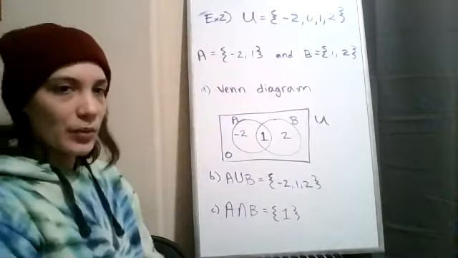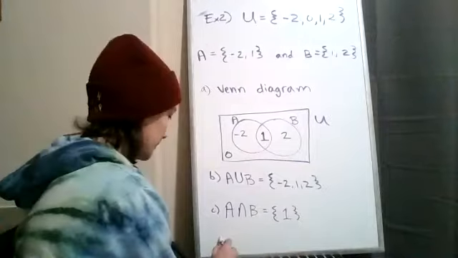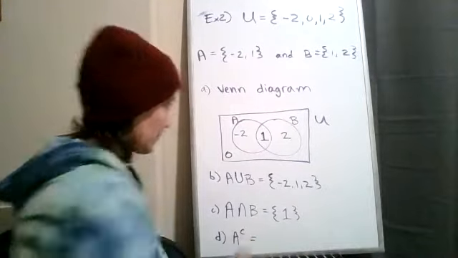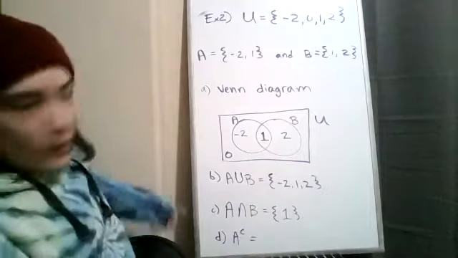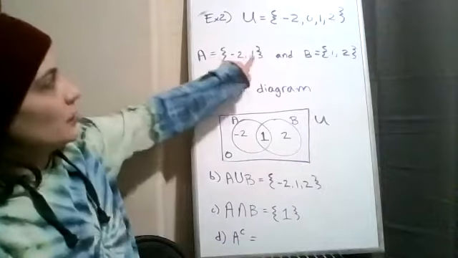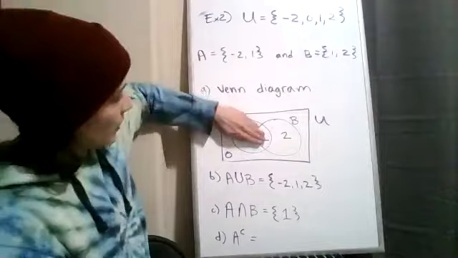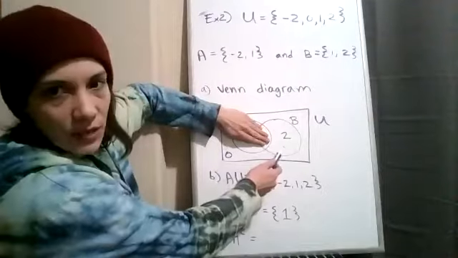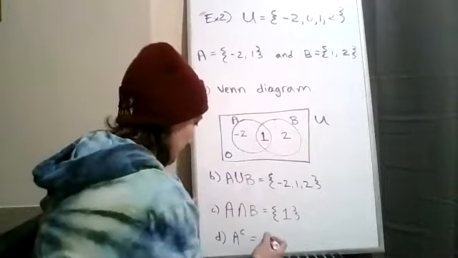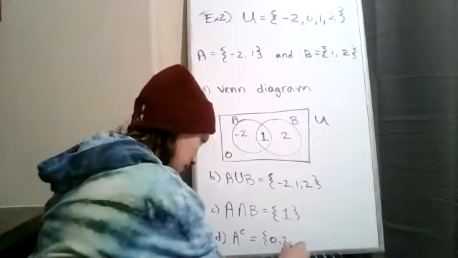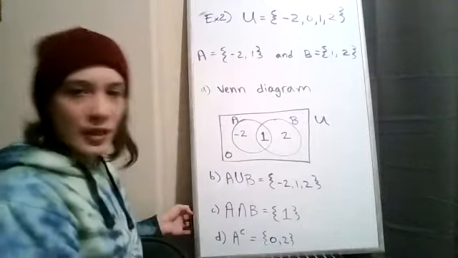Let's get A complement. So not -2 or 1. So you can have 0 or 2. With the picture, you just block out this set. 0 and 2 is left over. And then contain them in a set of curly brackets.